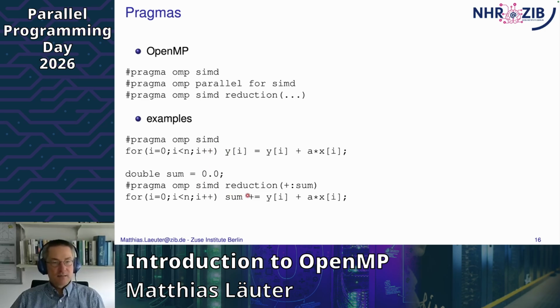And if there are some reduction operations, if you sum up on the variable sum, then you need to tell it, okay, it's a reduction operation. But anyway, the command is SIMD, tell the compiler with OpenMP to do SIMD, and the compiler will do it. And of course, if you do it for a loop which is not contiguous in memory, your code is wrong, and the results can be wrong. So you need to check the results if you do that.